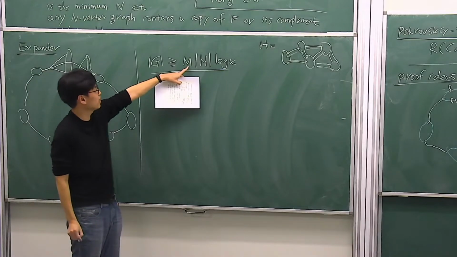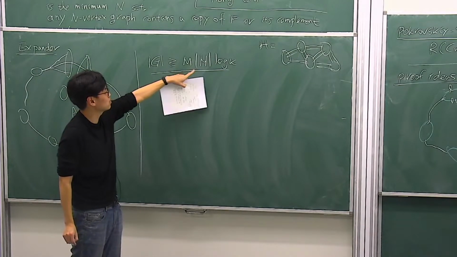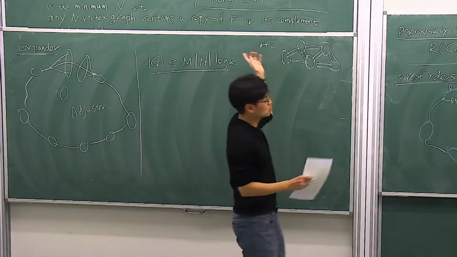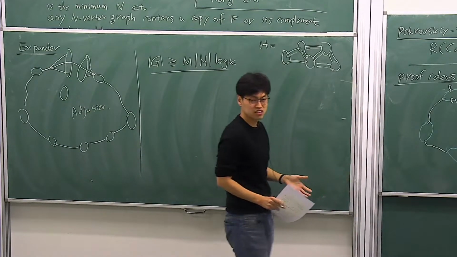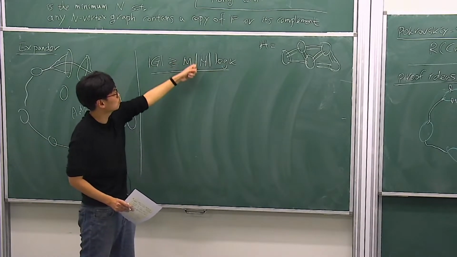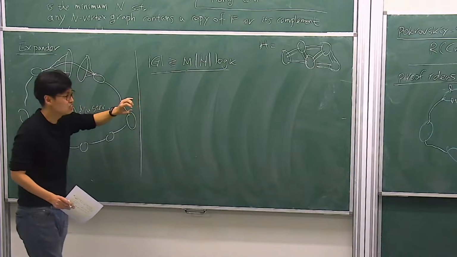Whatever M is, we can find some M satisfying this inequality. Because G itself is the entire graph, so we know how many vertices there are, and N is large. So this is certainly much bigger than this. So this number, you can just put a large number here.